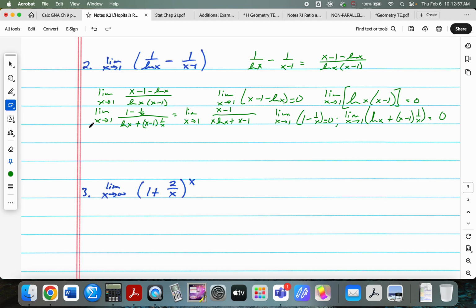So I'll take the derivative of both the numerator and the denominator. I'll have the limit as x approaches 1 of, let's see, that's x to the negative 1, so that's going to be 1 x to the negative 2, over x to the negative 1. And here, you could use the product rule, but it's probably better not to. It's probably better to distribute.